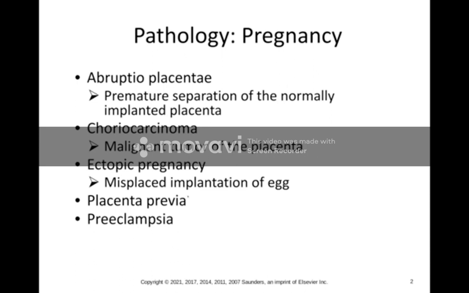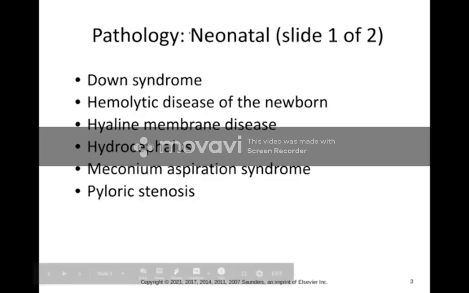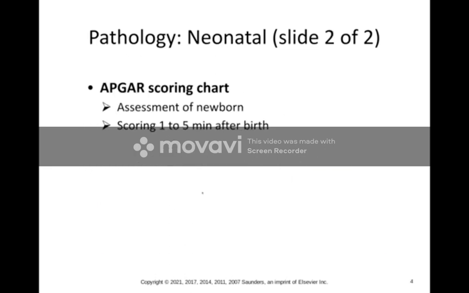This is when the egg implants in a spot not in the uterus, so it's misplaced. Placenta previa and preeclampsia. Pathology of the neonate. There's Down syndrome, hemolytic disease of the newborn, hyaline membrane disease, hydrocephalus, meconium aspiration syndrome, and pyloric stenosis.